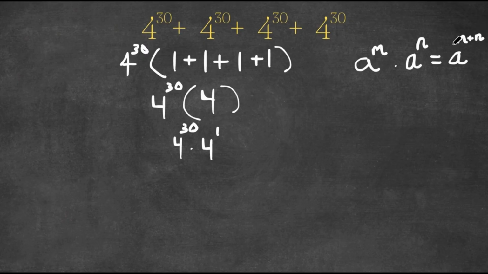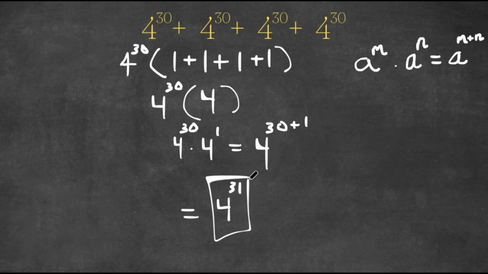So as you can see, we keep the base the same and we simply add the exponents. So think of 4 as a, 30 as m and 1 as n. We add the exponents, 30 plus 1. This is equal to 4 to the power of 31.